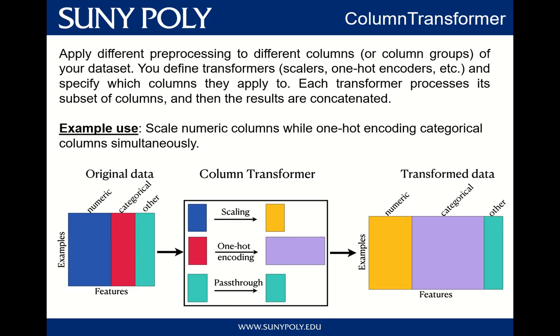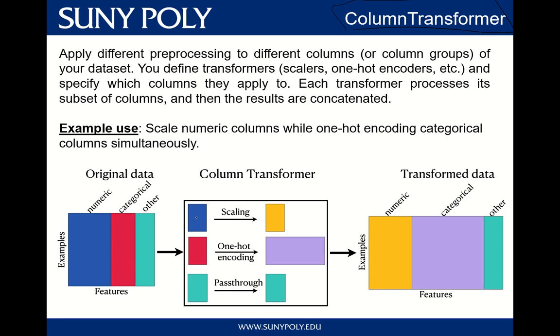Okay, in addition to the pipeline, in chapter 2 from our textbook, they also use column transformers. Sometimes there is confusion between the two concepts, the pipeline and the column transformer. Well, the column transformer can be seen just as a single step of the pipeline.